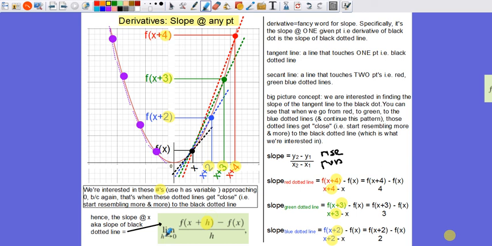And again, they're interested in h approaching 0, because as h approaches 0, the slopes of these colored dotted lines get closer and closer to the slope of this black dotted line.